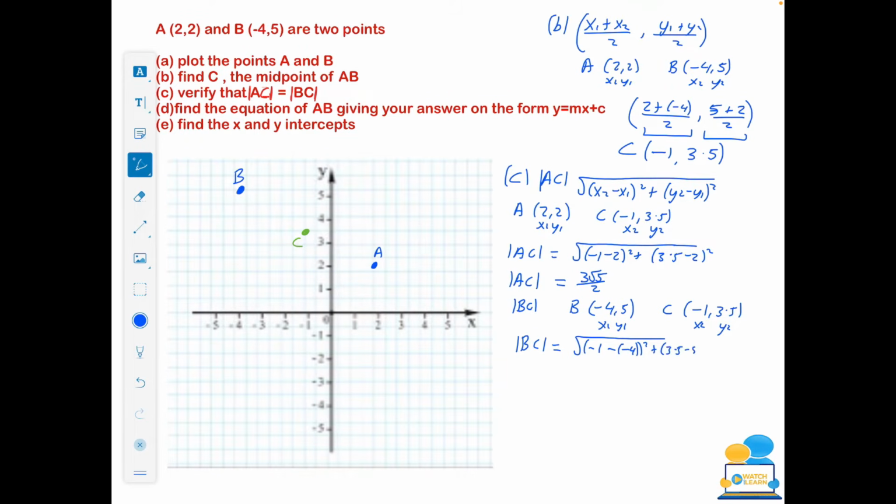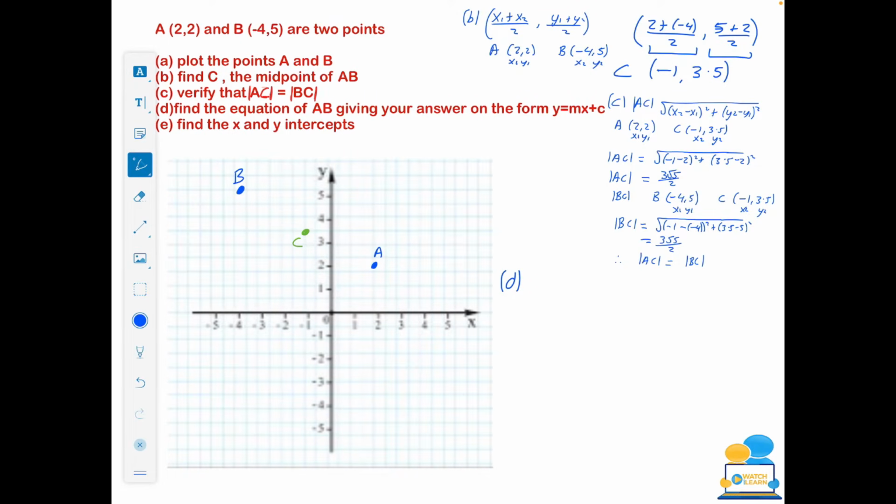Okay, be careful there, we've double negatives. All to be squared, put that into my calculator. So I get out the same thing, so I know I'm correct. So 3 root 5 over 2. So therefore, those three dots mean therefore we can say that AC is equal to BC. We got out the same answer for both.